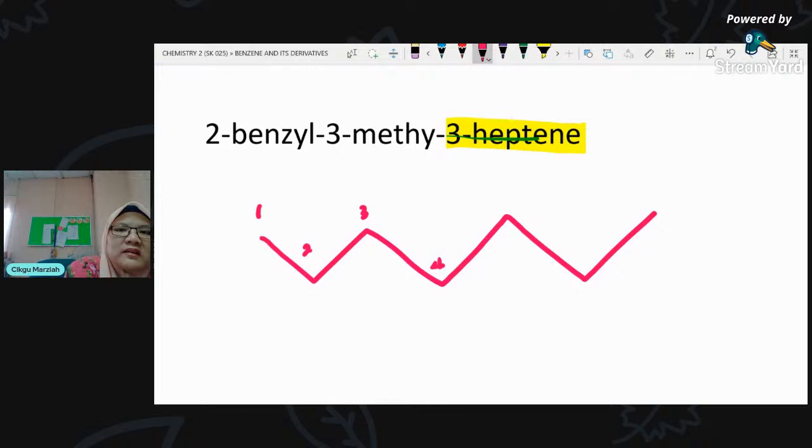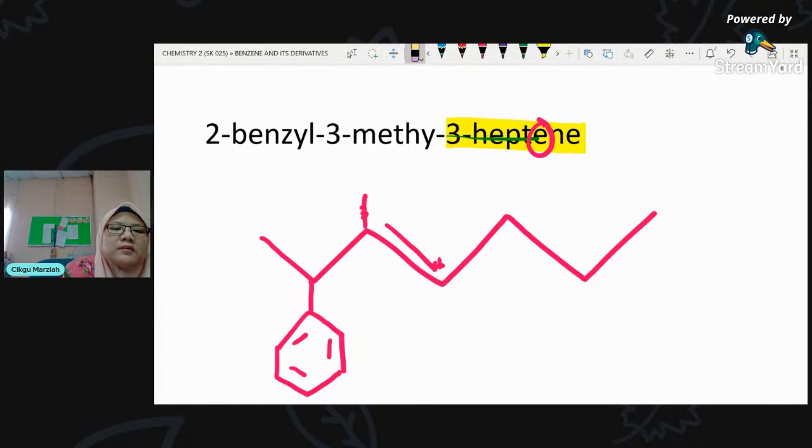At carbon number 3, we have a double bond because heptene. At carbon number 2, we have benzyl. At carbon number 3, we have methyl. So, dah dapat. Okay, so I hope this lesson kita dah belajar tentang nomenclature of benzene and its derivative.